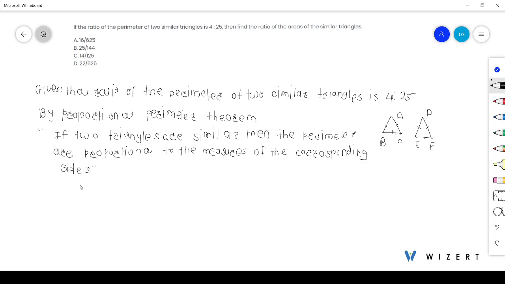So, here the perimeter of triangle ABC to the perimeter of triangle DEF is the same as the ratio of corresponding sides, that is BC to EF.